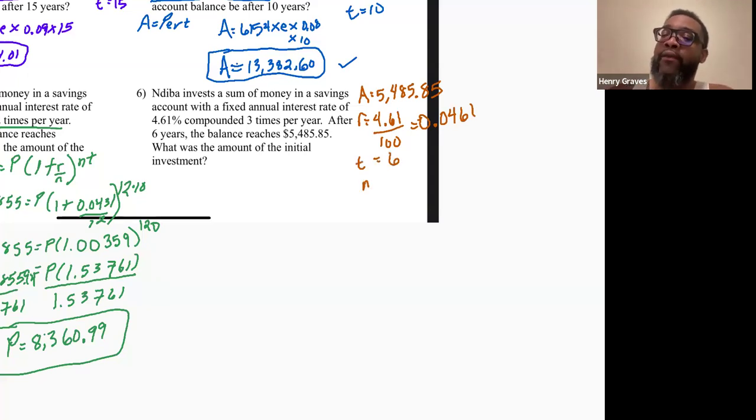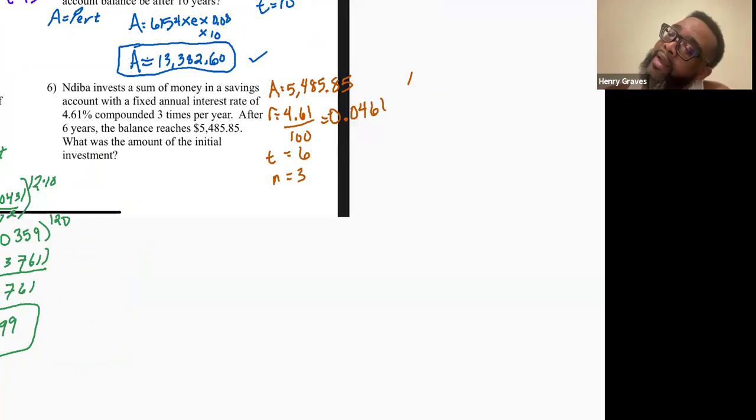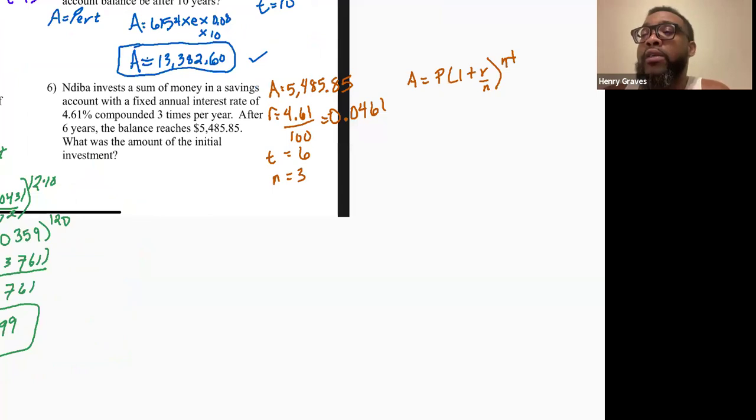I'm going to write my formula down over here on the side. A equals P(1 plus R divided by N) to the N times T. So we're looking at the amount, the A, 5,485.85, equals the P, which I don't know.